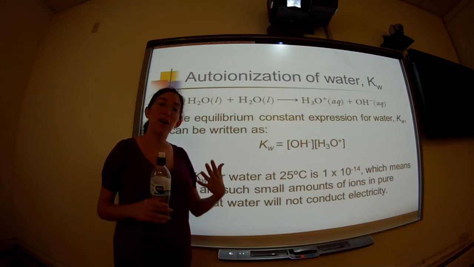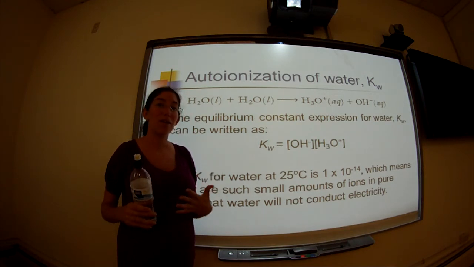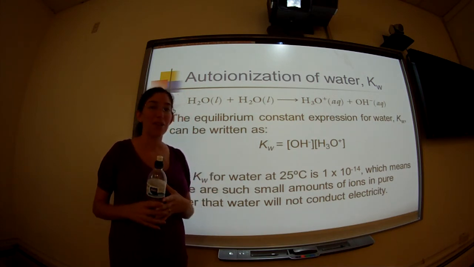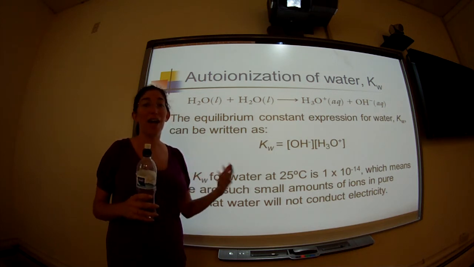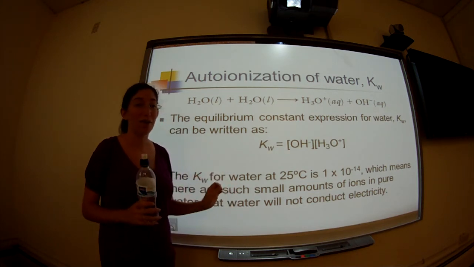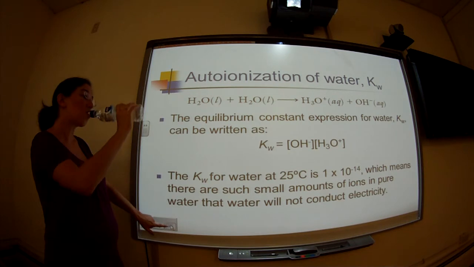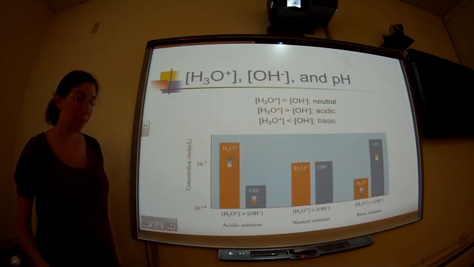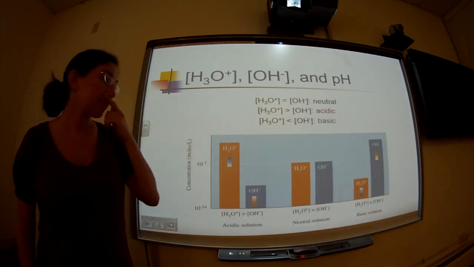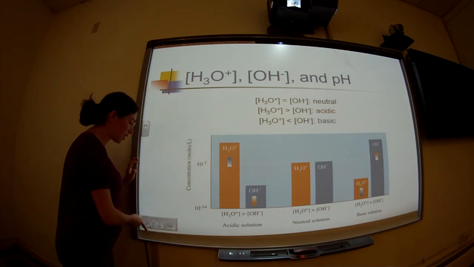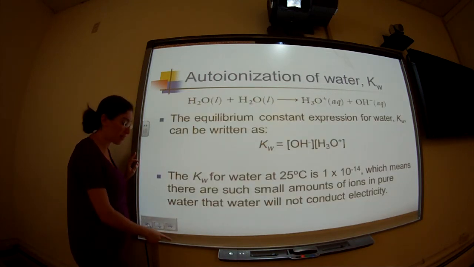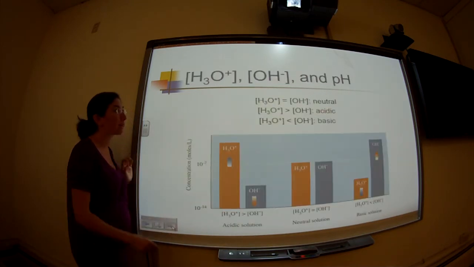All of those things are added to our tap water to help purify it. So tap water has a much higher ion concentration than pure water does. So that is just the Kw, the ionization constant of water.